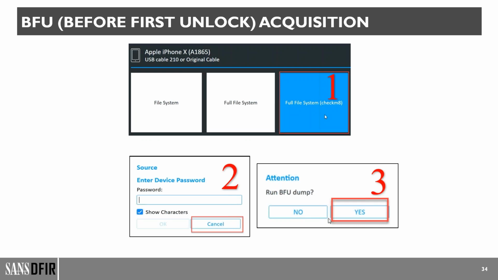Because you don't know the passcode, you can have access to the file system and get what is called the BFU acquisition, before first unlock. It means that you are extracting all the files that are available without the need of knowing the passcode. And why is that possible? Because when you turn your iPhone on, it needs to boot.